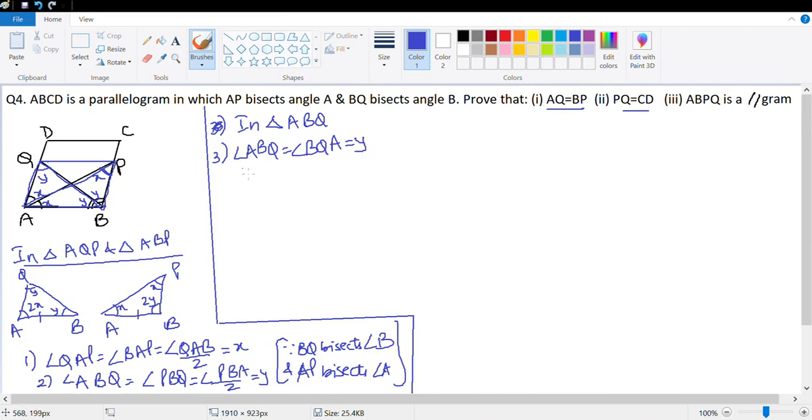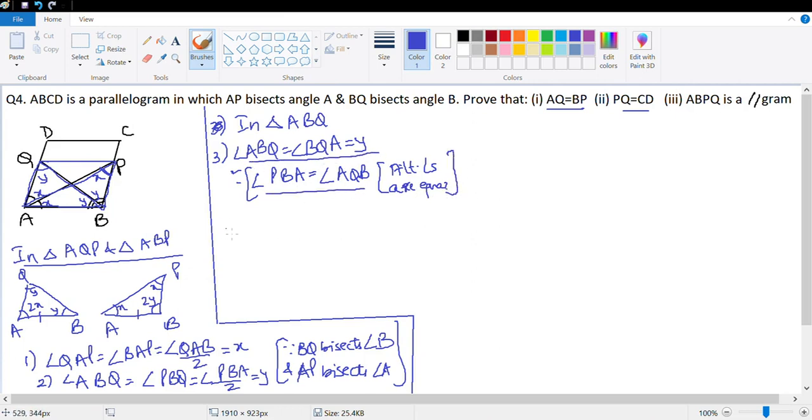Let's look at this, because angle PBA is equal to angle AQB. These are alternate angles, and alternate angles are equal, which means this is y.